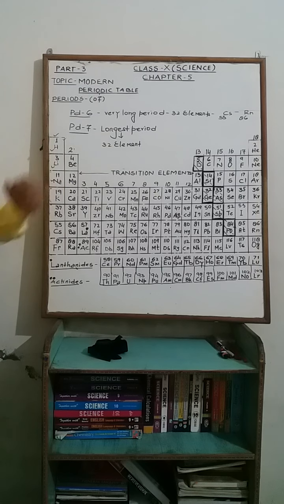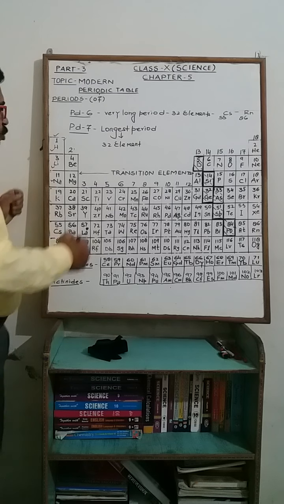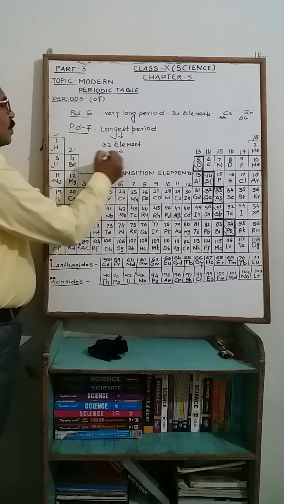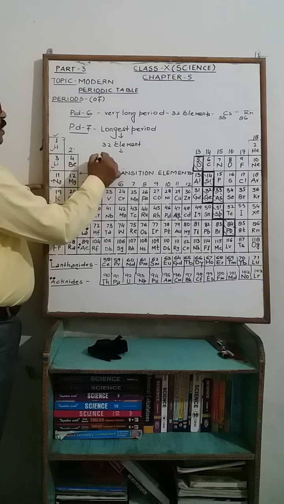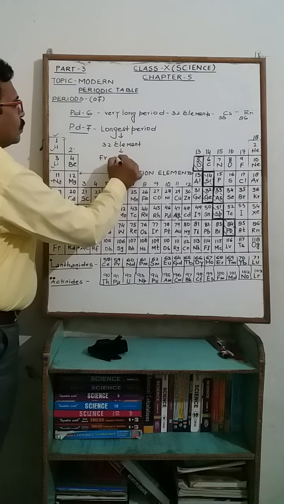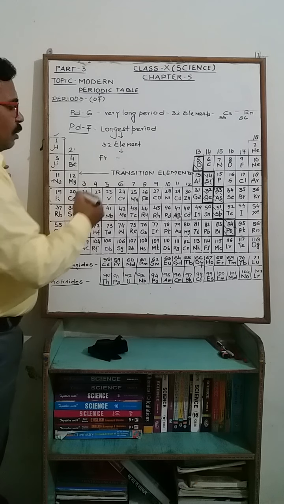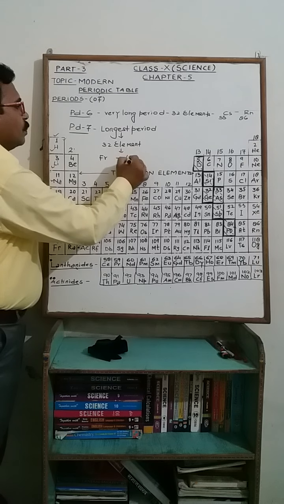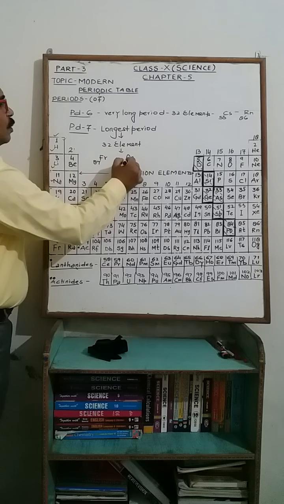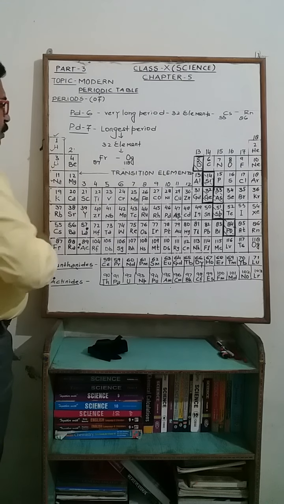So this period is still incomplete and it is known as the longest period. 32 elements, starting with the alkali metal francium up to the last one, known as unobtainium or oganesson, Og, with atomic number 87 to 118 as of now.